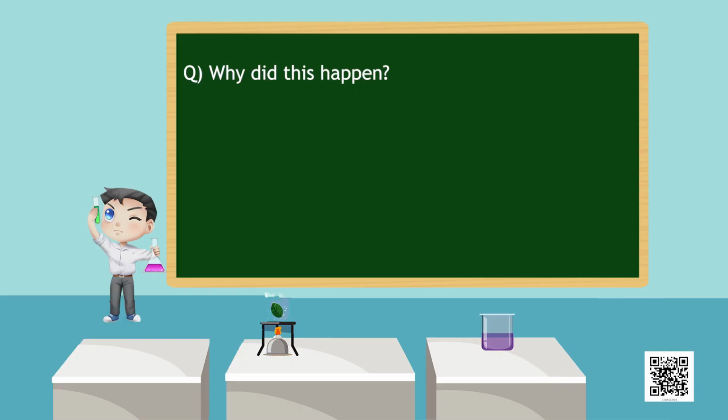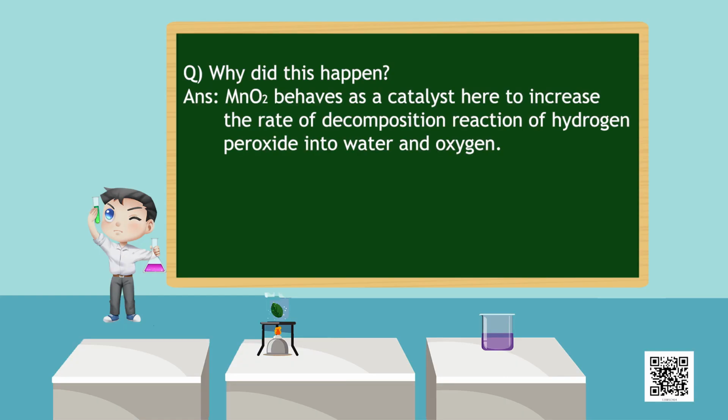Why did this happen? MnO2 behaves as a catalyst here to increase the rate of decomposition reaction of hydrogen peroxide into water and oxygen. The action of the catalyst can be explained by intermediate complex theory. It is believed that the catalyst provides an alternate pathway for the reaction mechanism by reducing the activation energy between reactants and products and hence lowering the potential energy barrier.